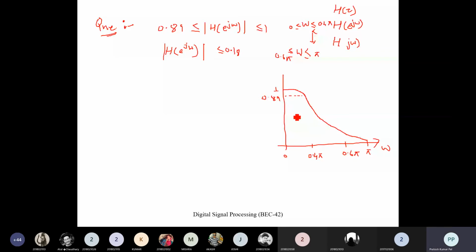Okay, so once we have given a specification with respect to that, we will be plotting, and at 0.65, this will be the value. Okay, so this value will be 0.18.